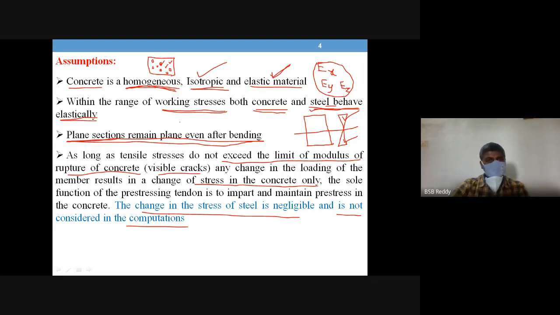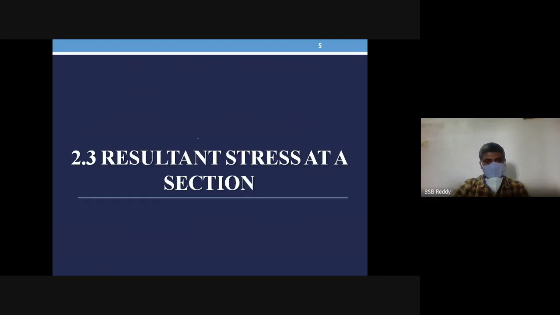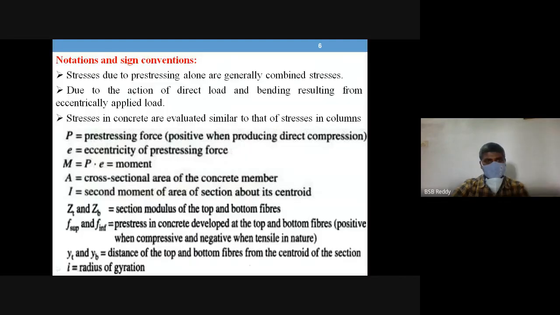Let us start with a simple case where the pre-stressed concrete is having a concentric tendon. Before that, you must be aware of the notations and sign conventions, as you have to work with the notations.